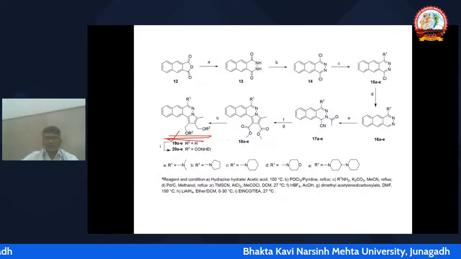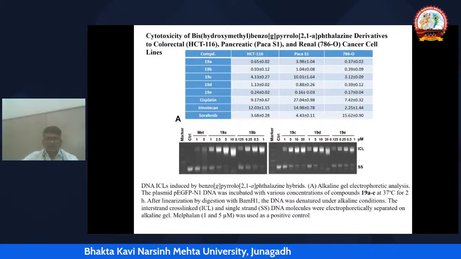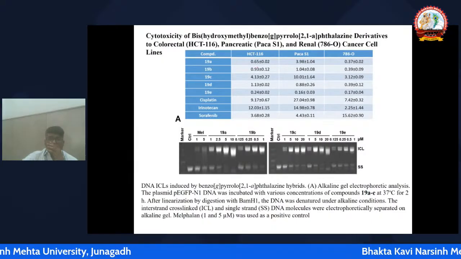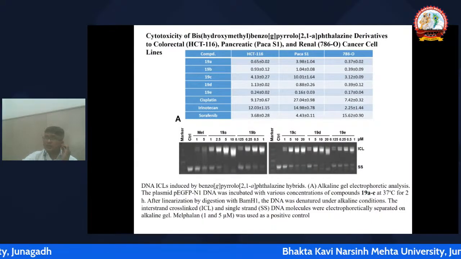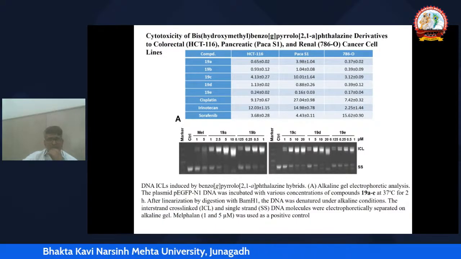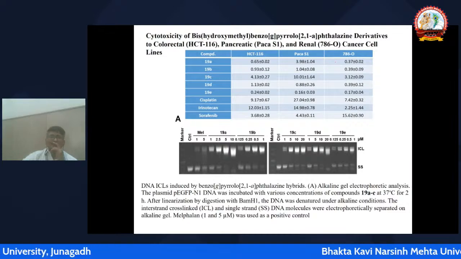So you can see that now these 19A to E, the diols, were tested against various cell lines: the colon cell line HCT116, the pancreatic cell line PaCa, as well as the renal cancer cell line 7864.